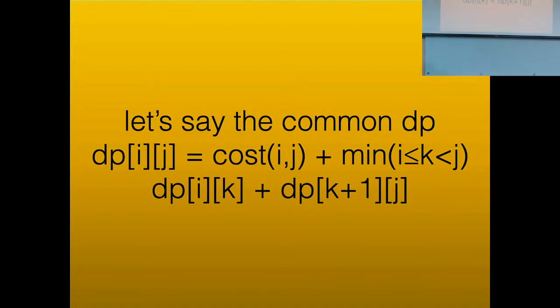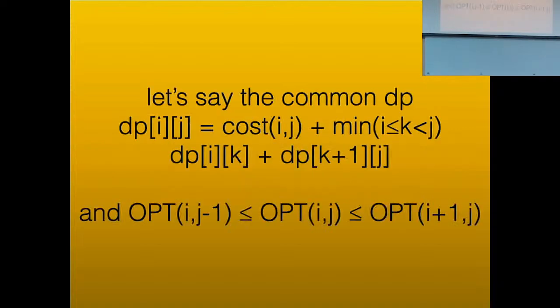Right, so this is what we can solve now. And this is another condition that needs to be satisfied in order to use the Knuth optimization: the OPT of ij must be between OPT i,j-1 and OPT i+1,j.